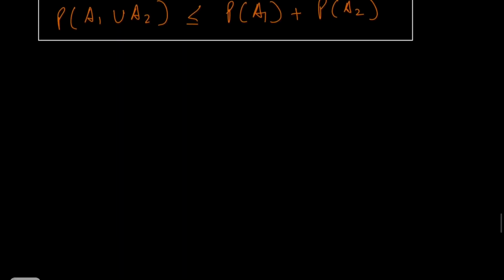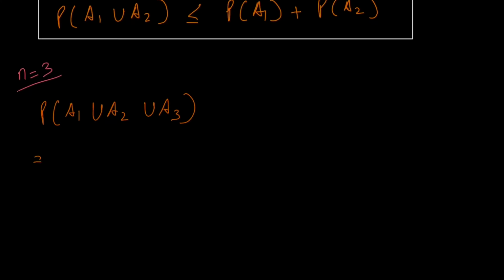Now let's extend this. Let's take n equal to 3. So it becomes P of A1 union A2 union A3. Now I can divide this as follows. Let me write it at the bottom: P of A1 union A2, union A3.